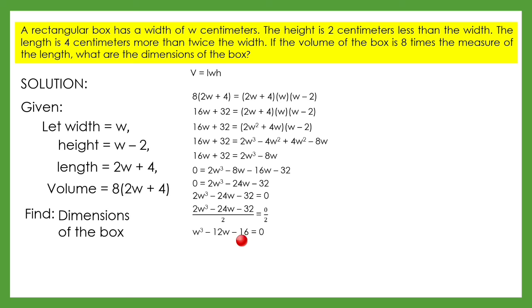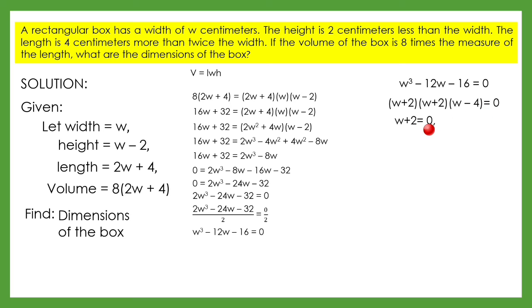So, meron na tayo ditong cubic function. Yung cubic function natin ay i-factor natin. So, yung W cube minus 12W minus 16, ang factors niya ay W plus 2, W plus 2, and W minus 4. And then, equate sa 0.